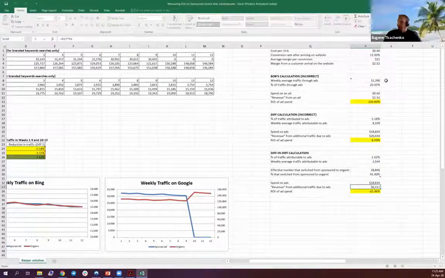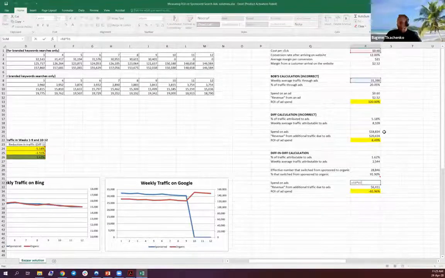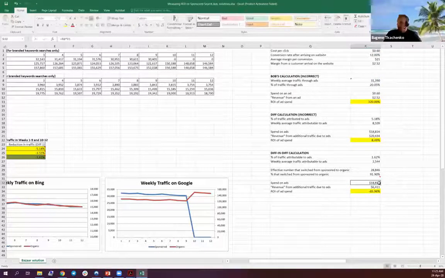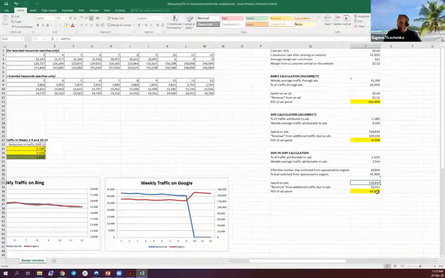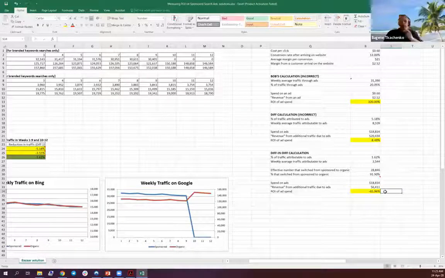The actual spend, which Bob was referring to, sorry, not Bob, but in the difference calculation based on Bob's assumptions, was 18.8 thousand. That's correct. But when we calculate the actual ROI, it would be negative for paid ads only.